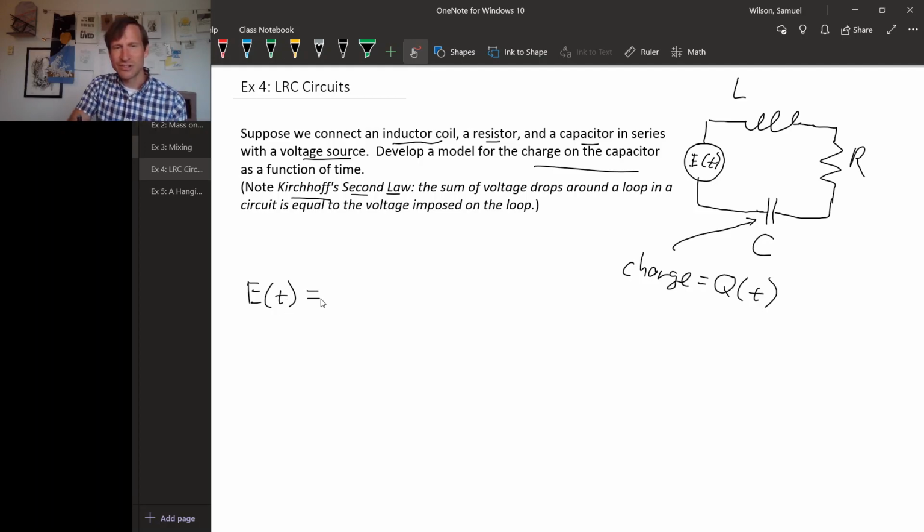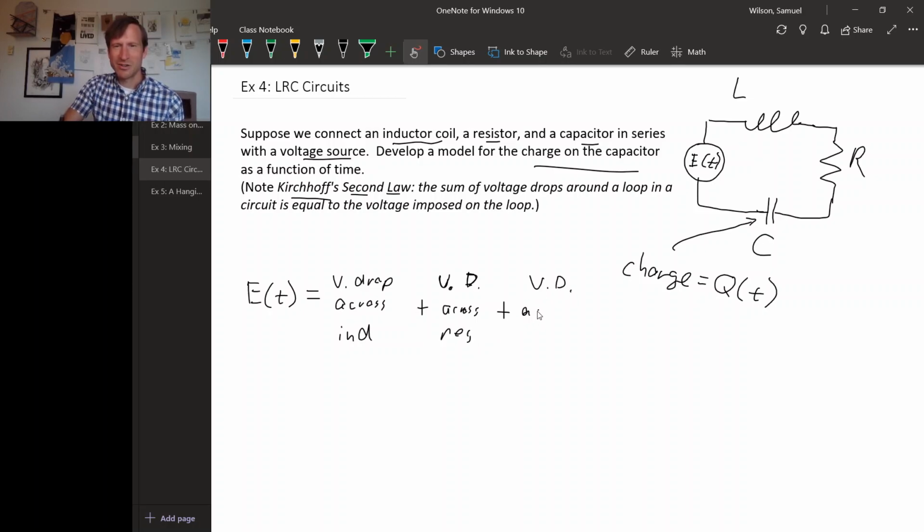So the voltage source is equal to the voltage drop across the inductor, plus the voltage drop (that's supposed to be VD for voltage drop) across the resistor, plus the voltage drop across the capacitor.